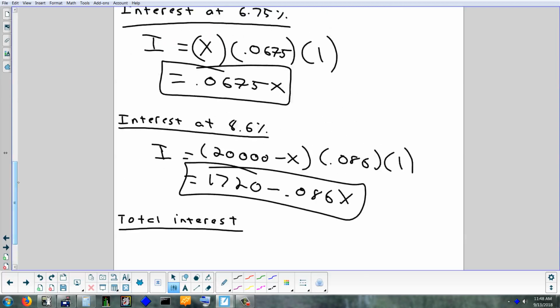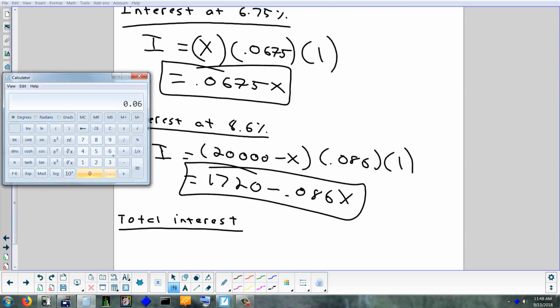So I'm just going to combine like terms as I go. So I've got 0.0675x plus negative 0.086x. I think I messed that up. 0.0675, I'm just going to look at it as minus 0.086.